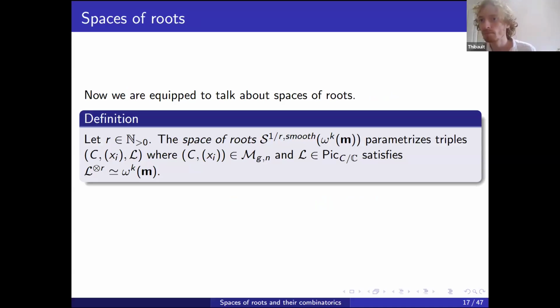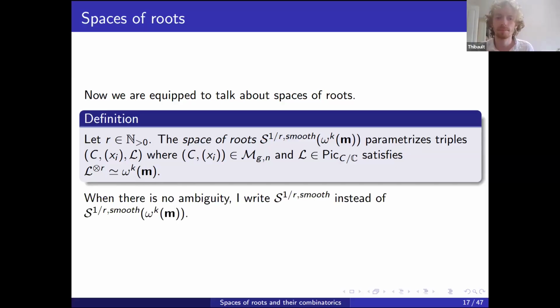So from now on, for almost the whole talk, I'm just going to fix one omega k of m, and I look at the rth roots of this one. Okay, this gives me a moduli space. It has a forgetful map to MGN bar. And I'm just going to forget omega k of m in the notation, and I'm going to write it as 1 over r smooth.